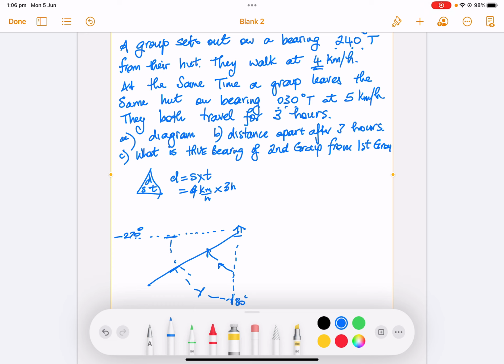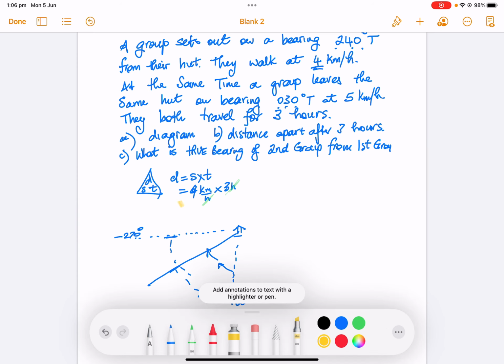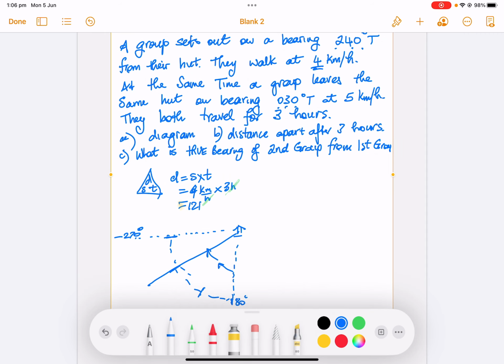You see the hours cross out. Then you've got 12 kilometers, so a distance of 12.